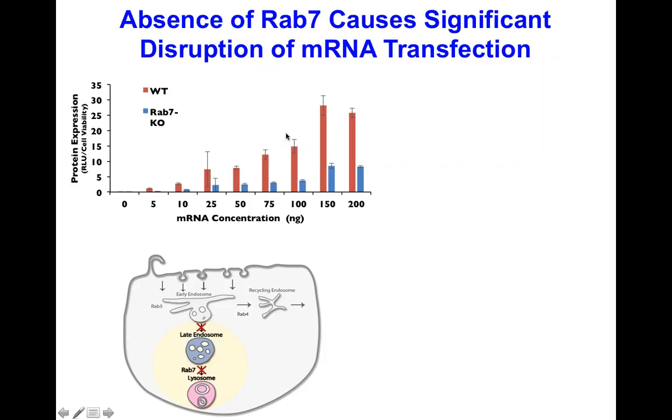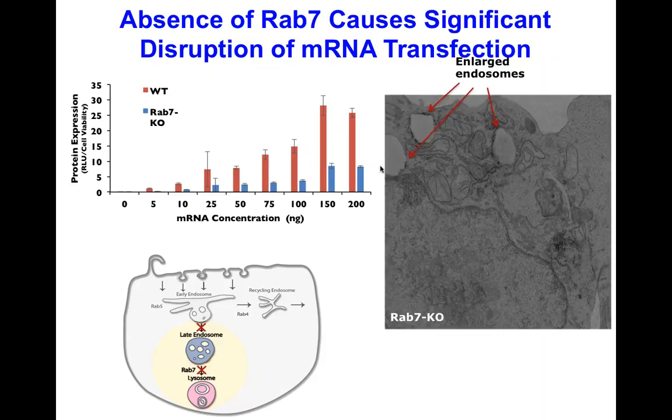The wild type cells, you can see a very good gene expression, but in the knockout, it's completely obliterated. So we are currently investigating why it is the case that late endosomes, or formation of them, especially through RAB7 positive vesicles, is essential for mRNA delivery.